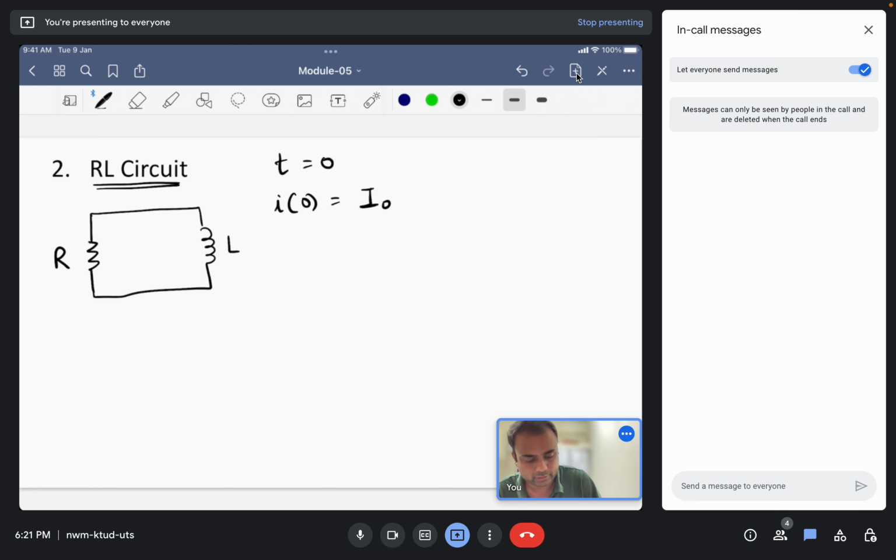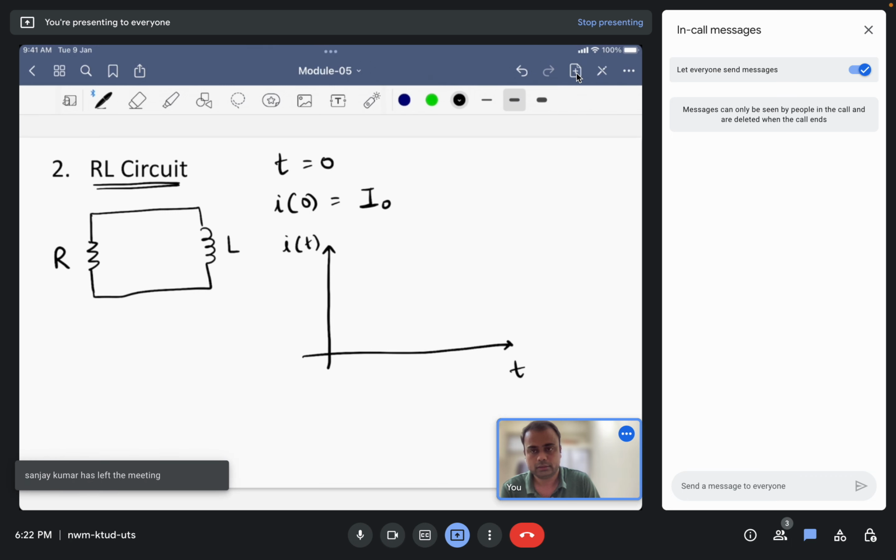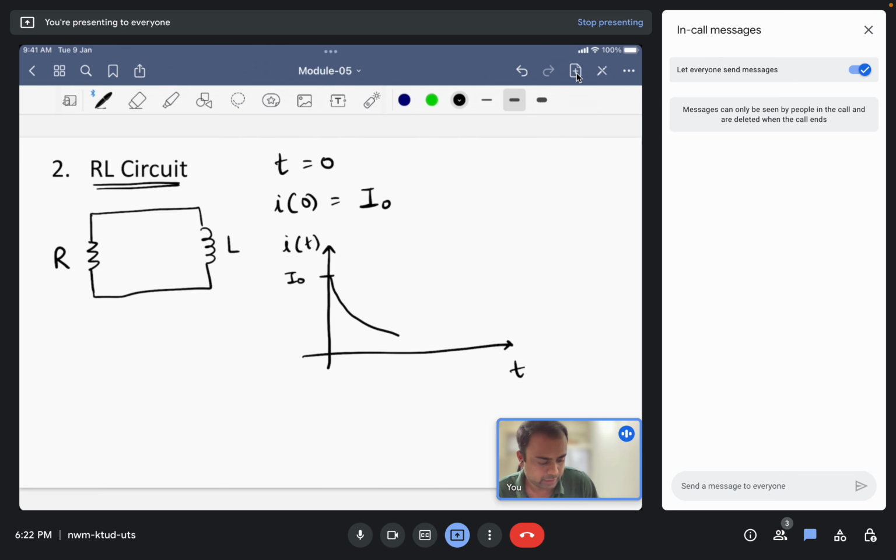So again, since there is a current associated with this device, we'll be plotting the graph for current I in the circuit. At time t equals 0, since the inductor has full charge, the current will be I0, and gradually with time the inductor will discharge.